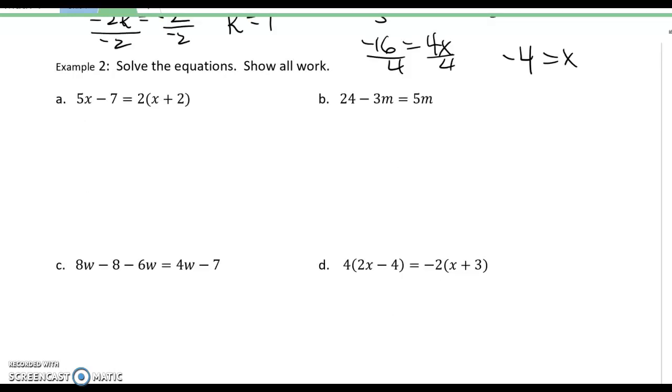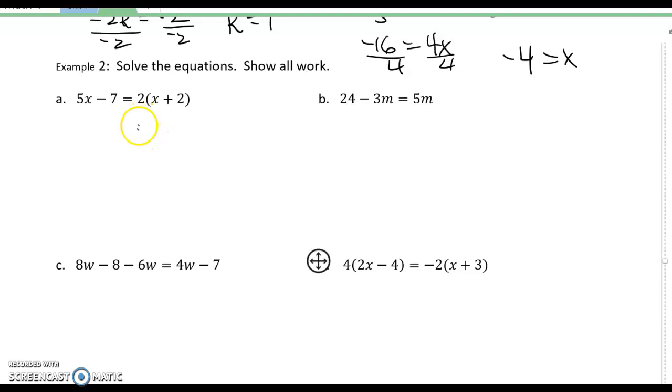Looking at example 2, again we have variables on both sides of the equal sign, but in some of these equations we have to do more than just undo operations. Looking at part A, while there are no fractions to clear, we definitely have some simplifying to do on the right side of this equation. We've got to distribute that 2 through the parentheses.